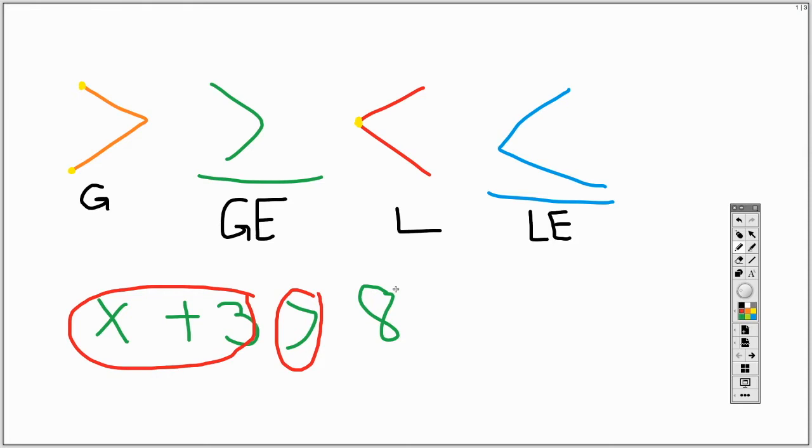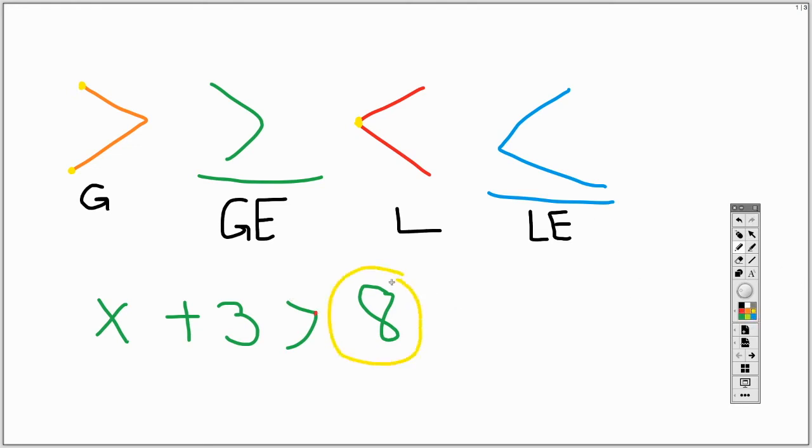So x plus 3 would be larger than 8. However, if we read from this side, because this is one point facing, we can tell that 8 is less than x plus 3. So 8's value is smaller than x plus 3.